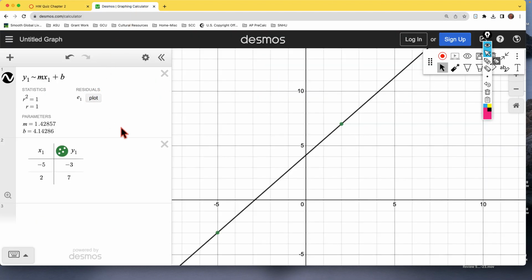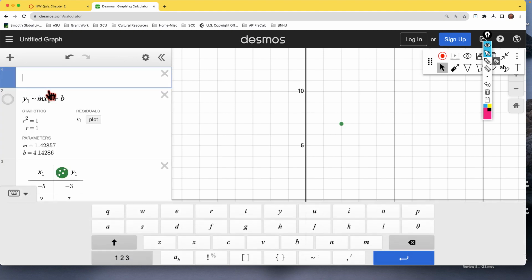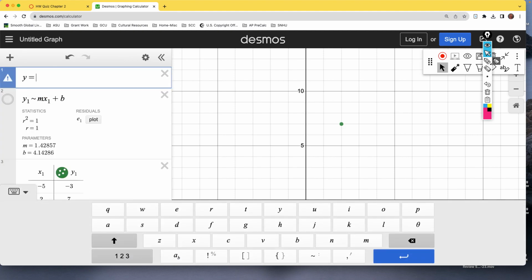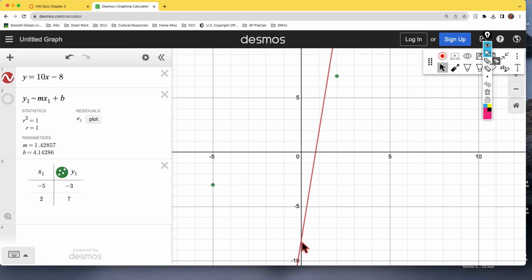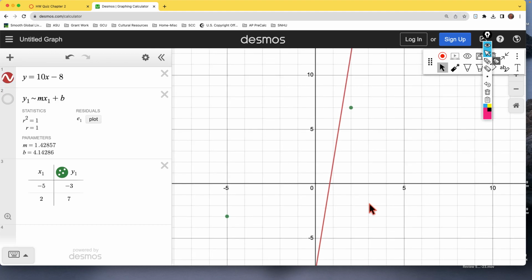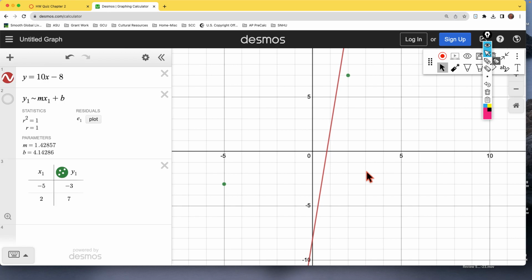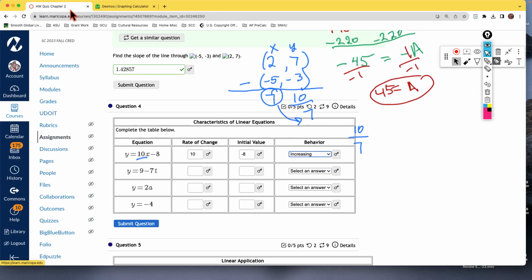Let me turn this one off and go with y equals 10x minus 8. And again, we'd come out. So we can see it's intersecting here at 0, -8, and it's got a slope of 10. So it does show us what it looks like, and it's increasing.